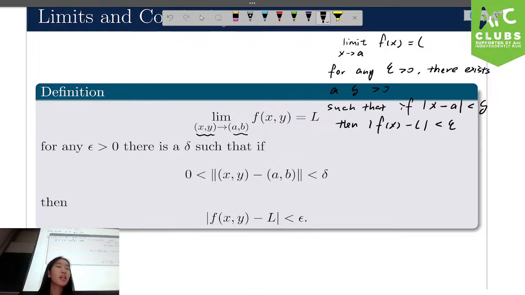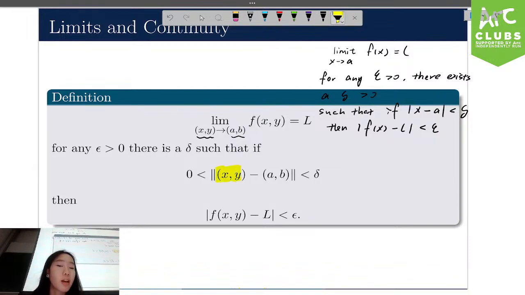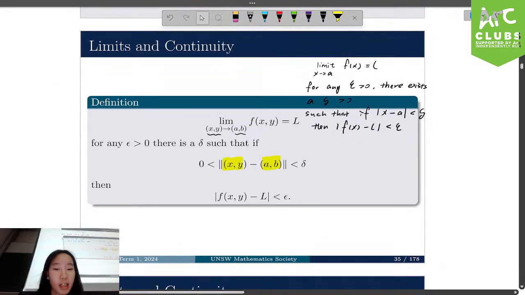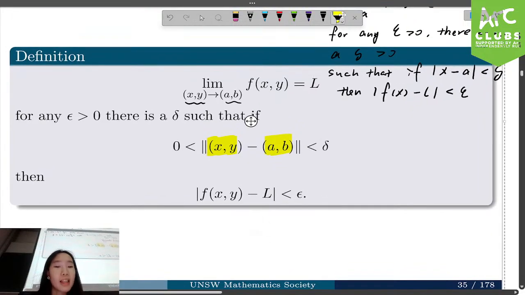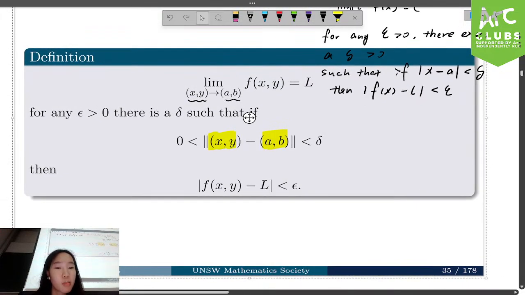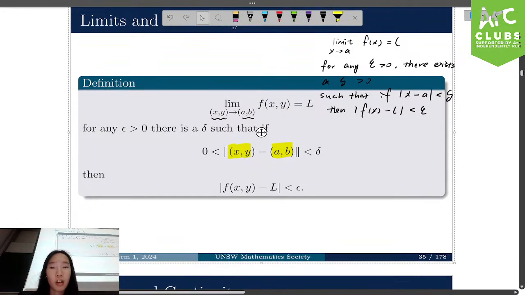And also, you can extend to 3 dimensions and 4 dimensions or even 5 dimensions, because what ultimately we have is a point in a space, and we are approaching that point (a, b, c, d) if it's in high dimension. And if that distance is smaller than delta, then we have the limit.